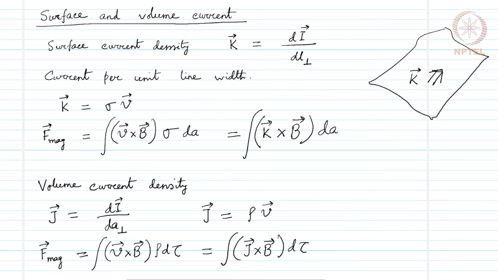Let us consider an example to understand this better. Let us consider a current I uniformly distributed over a wire of circular cross section.